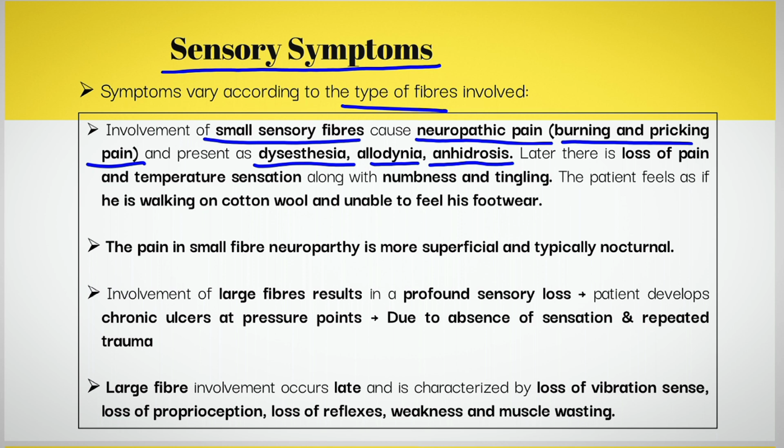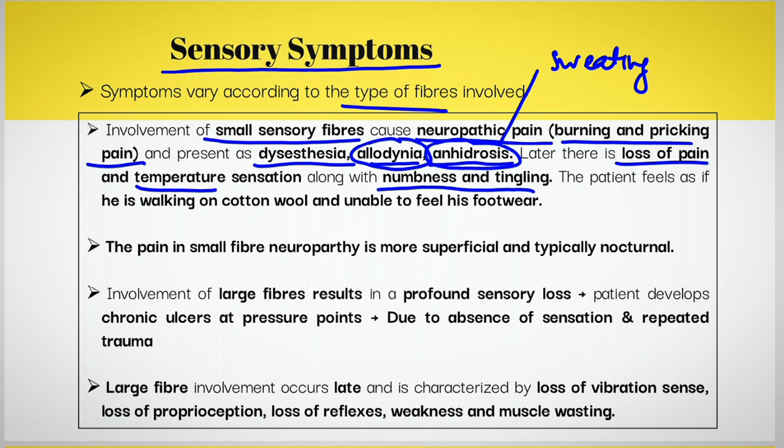For example, if a light feather touch causes pain, this condition is known as allodynia. Anhidrosis is a condition of the sweat glands when little or no sweat is produced. Later the person will develop loss of pain and temperature sensation as well as numbness and tingling.